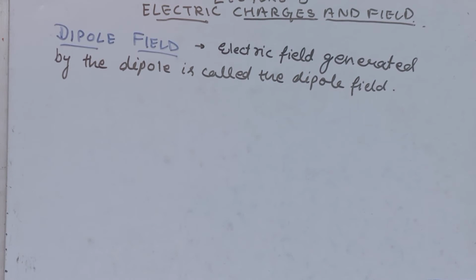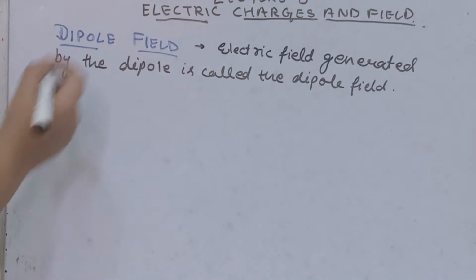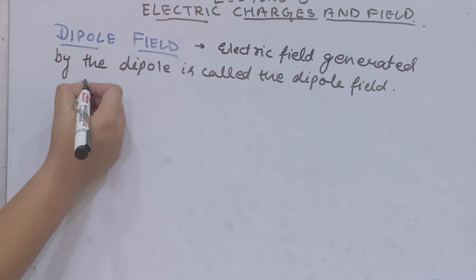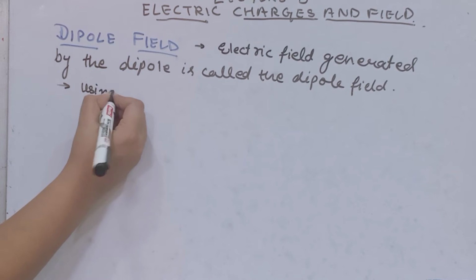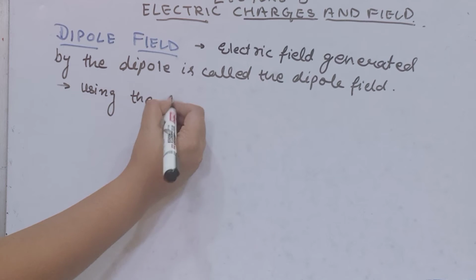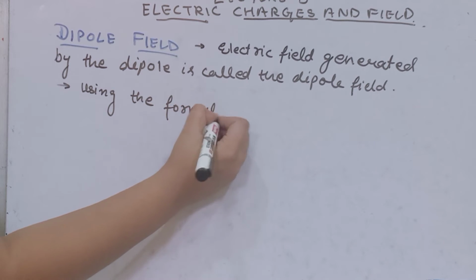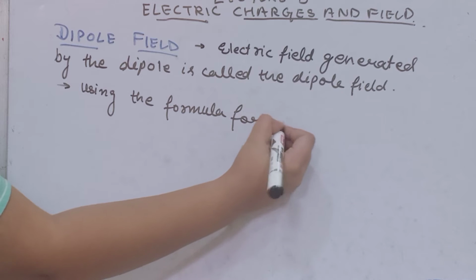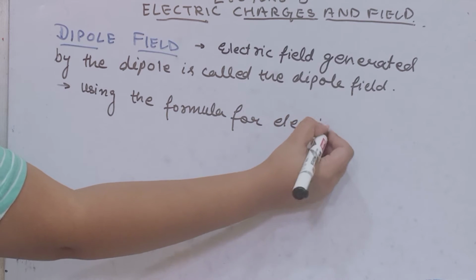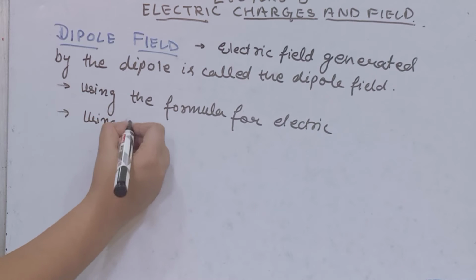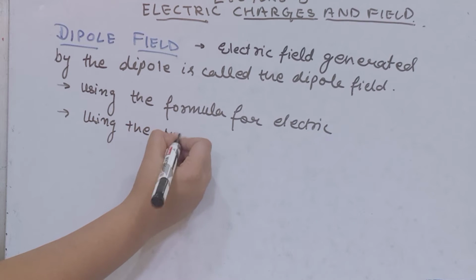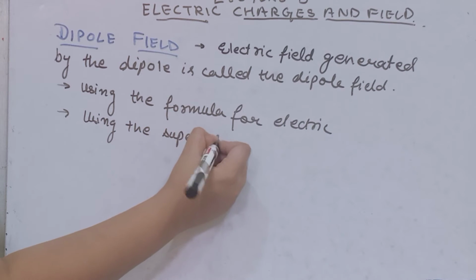Now, how can we calculate it? We can calculate the dipole field, number one, by using the formula for electric field, and number two, using the superposition principle.